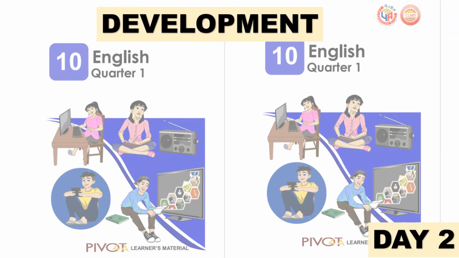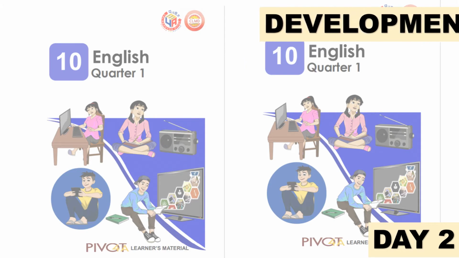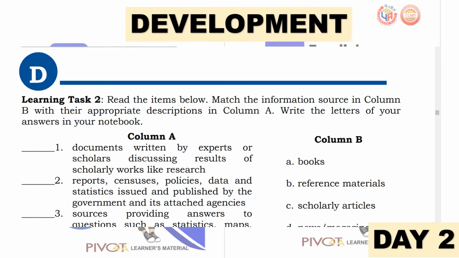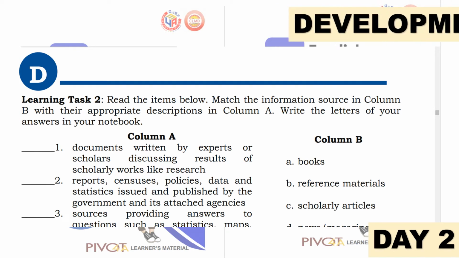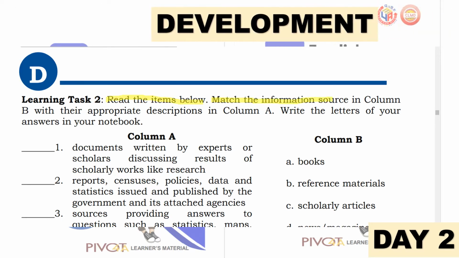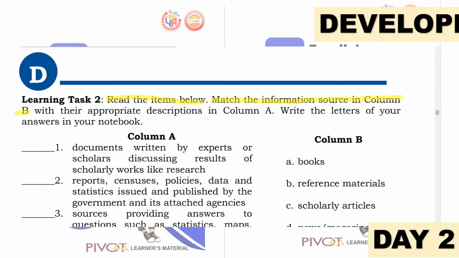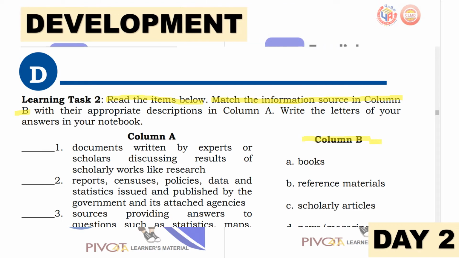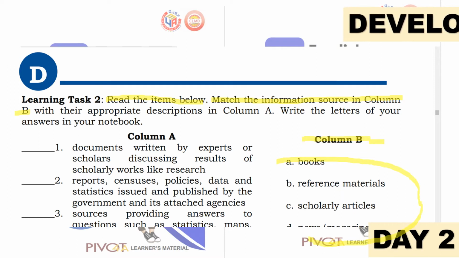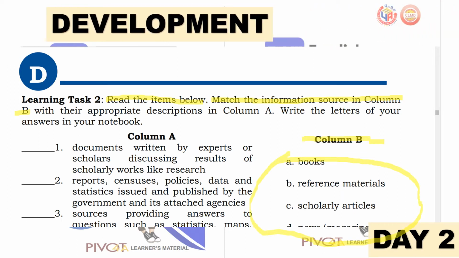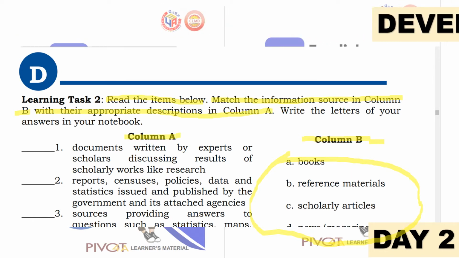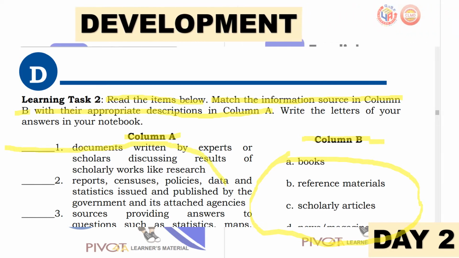Let's have day 2, which is development. For this day, you are going to answer learning tasks 2 and 3. Okay, learning task 2. Read the items below. Match the information source in column B. Here is column B. Below it are the information source with their appropriate descriptions in column A. Here is column A together with the descriptions.